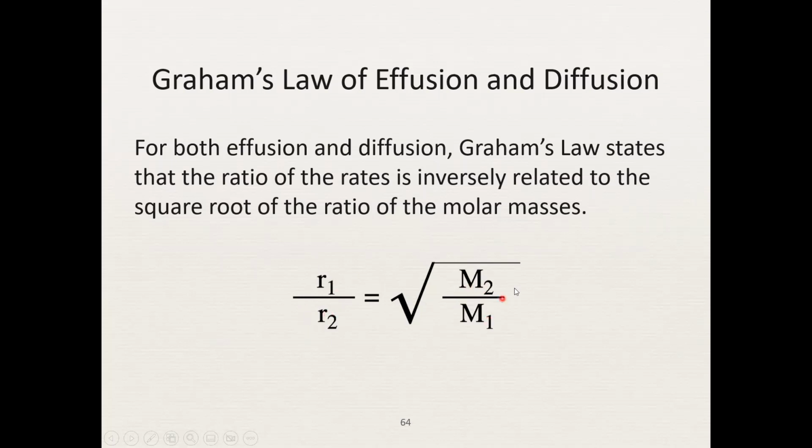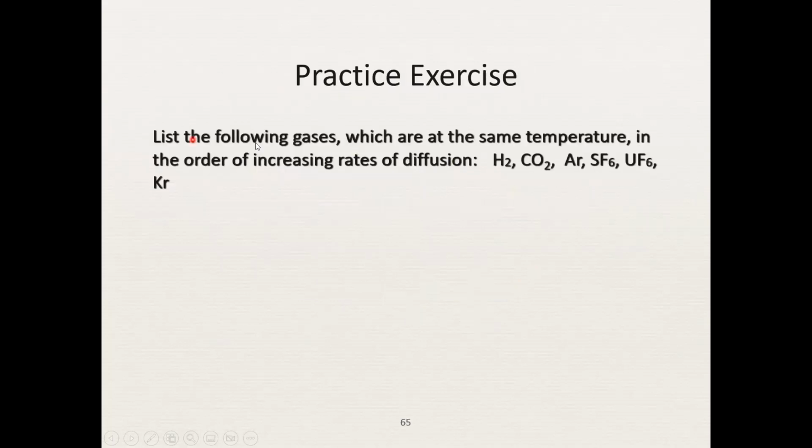So if we look at the list of gases we're given here, and we're assuming at the same temperature, we want to figure out the rate of diffusion. Would be the same thing for effusion, but for these different gas samples. And again, the rate is going to decrease as the molar mass increases.